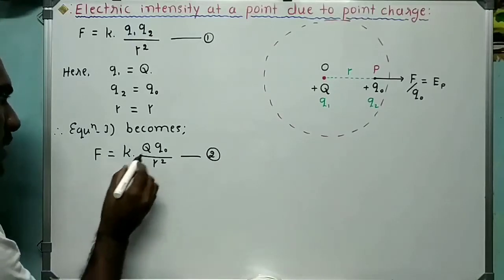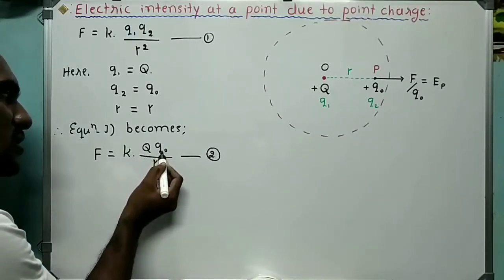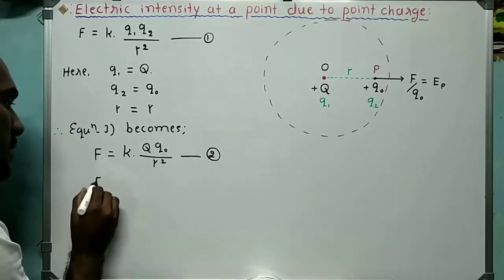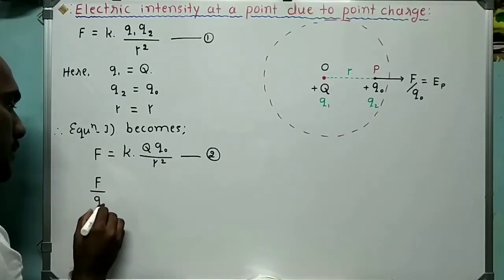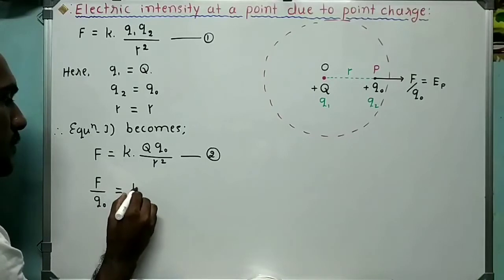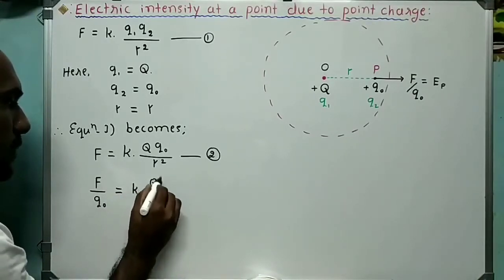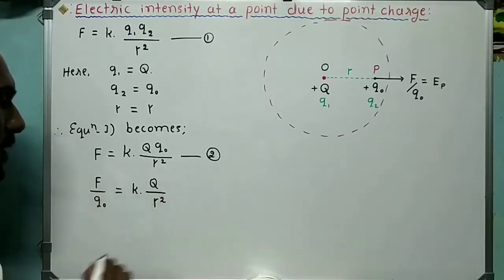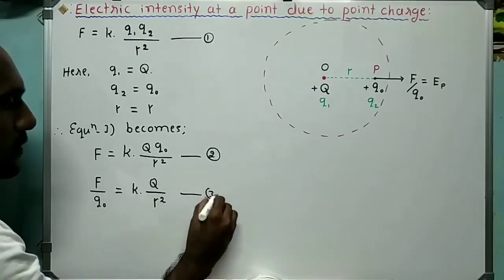Now, see here, I will take this test charge Q naught to the LHS. Hence it becomes F by Q naught is equal to K into capital Q divided by R square, called equation 3.